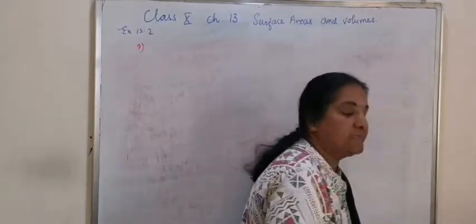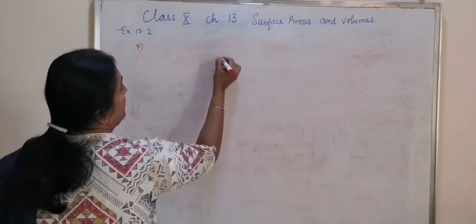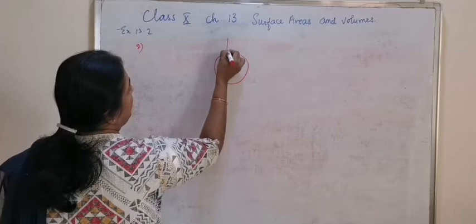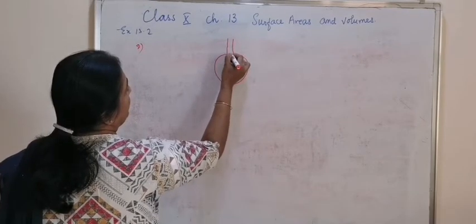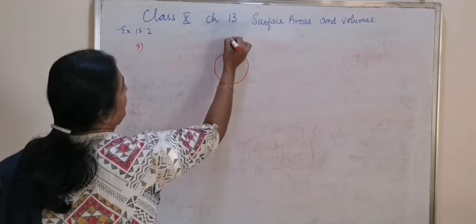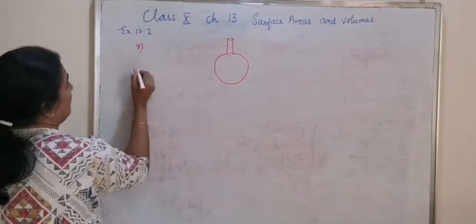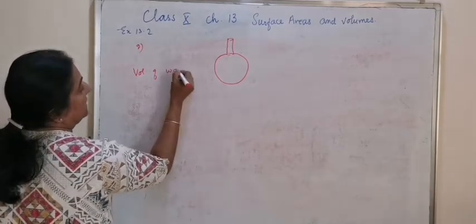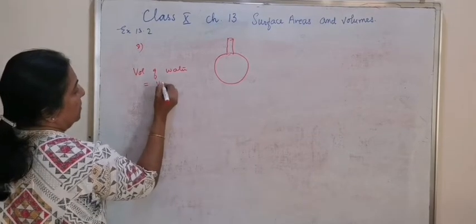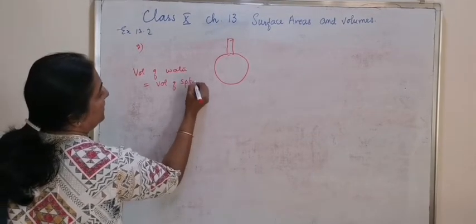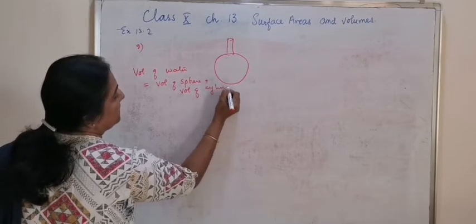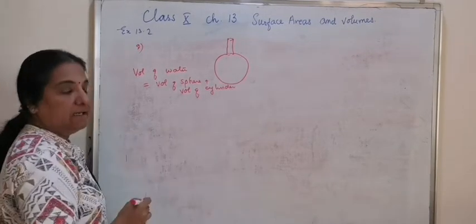So the vessel is the shape of a spherical bottom with a cylindrical neck, which shows that the volume of water it can hold is the volume of the sphere plus the volume of the cylindrical portion.